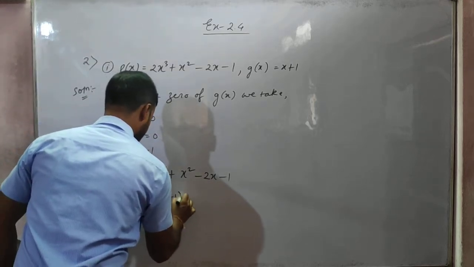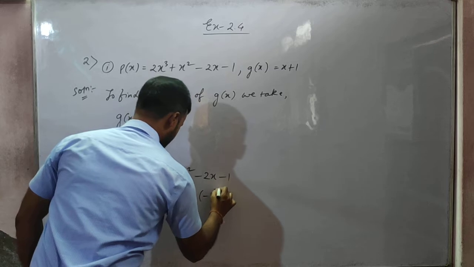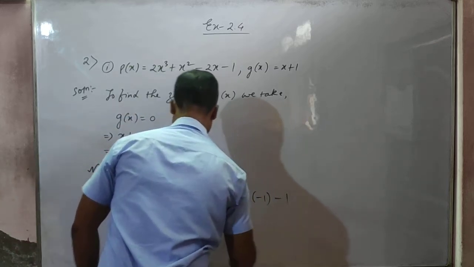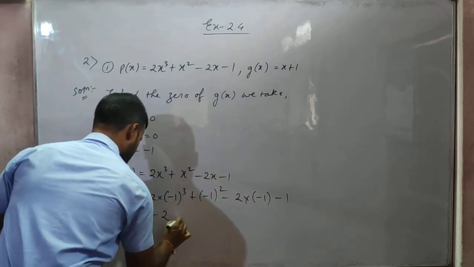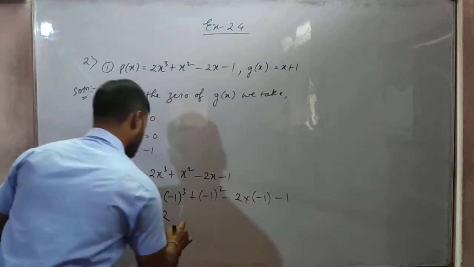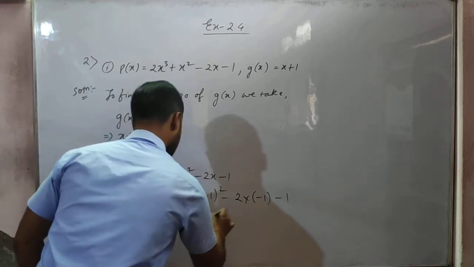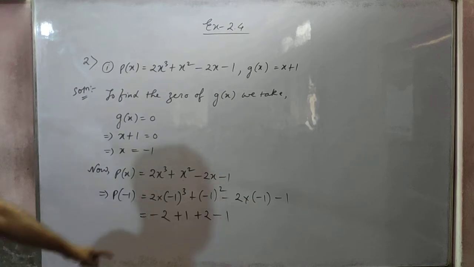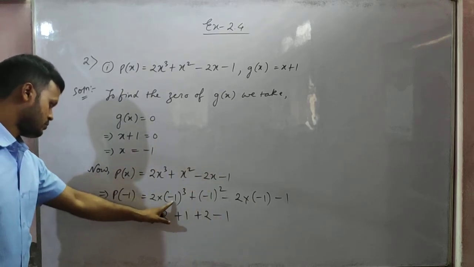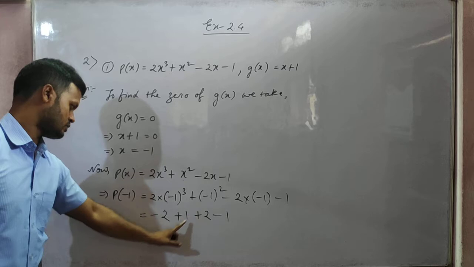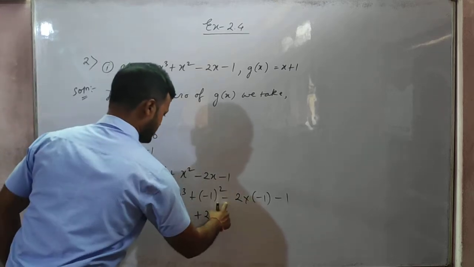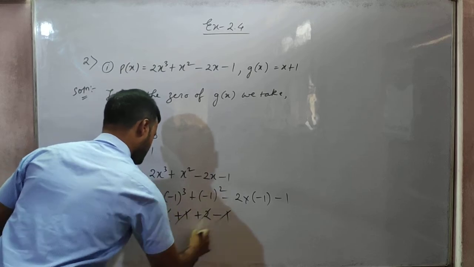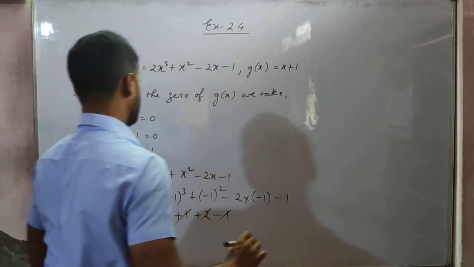So 2 into minus 1 whole cube plus minus 1 square minus 2 into minus 1 minus 1. 2 into minus 1 cube will be minus 2, and minus 1 whole square will become plus 1. This minus will become plus 2, minus 1. So minus 2 plus 2 cancel, plus 1 minus 1 cancel, that is equal to 0.